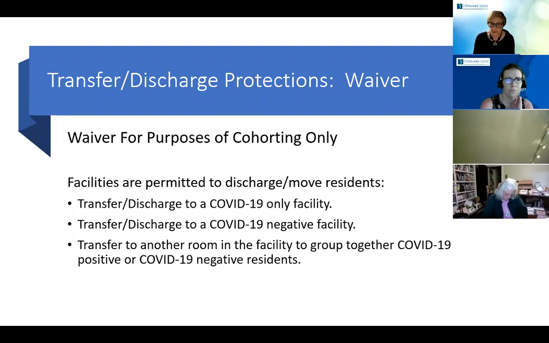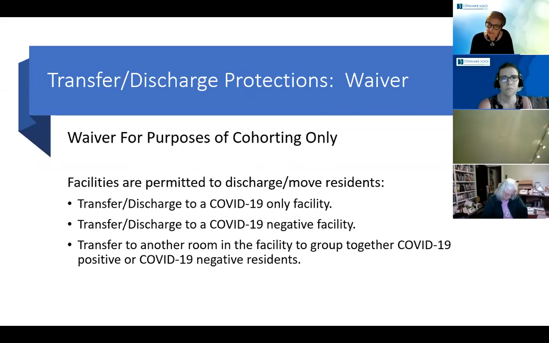They can transfer or discharge a resident to a home that is COVID negative, or they can move a resident from one room, one unit, whatever, to another within the facility because they have a COVID unit or part of a unit or a hallway, something like that.